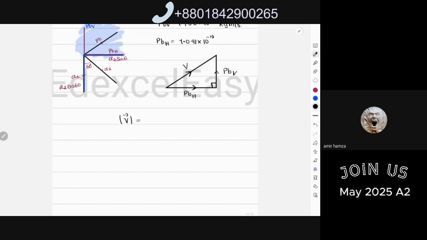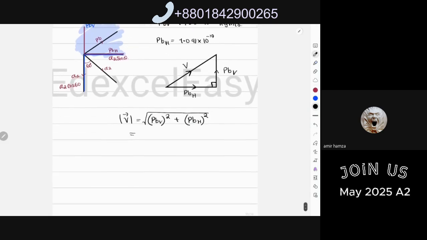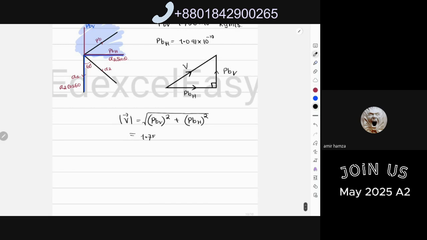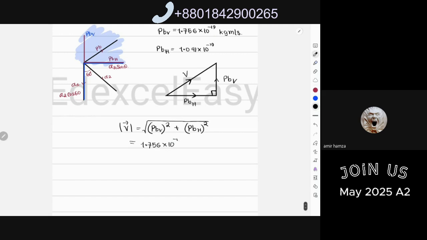So it is going to be PBV square plus PBH square, everything under a root, right? Which is now 1.756 into 10 to the power of negative 19 whole square plus 1.041 into 10 to the power of negative 19 whole square, everything under a root.